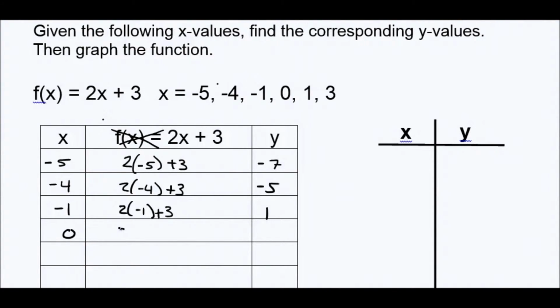What about 0? This one's easy, because anything times 0 is 0, so you're just left with plus 3, or just positive 3. Now 2 more. 2 times 1 is 2, plus 3 is 5. Last one, 3. 2 times 3 is 6, plus 3 is 9.